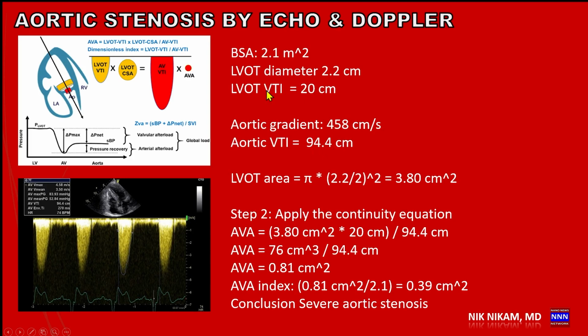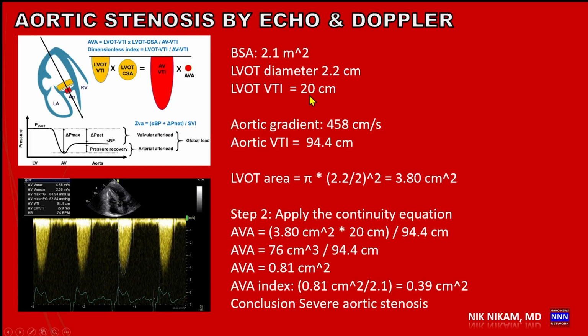94.4. If you look at the left ventricular outflow tract VTI, which is 20, and the aortic VTI, which is 94.4, the dimensionless aortic stenosis grading uses this one by dividing the left ventricular VTI by the aortic VTI to determine what percentage of the stenosis is there.